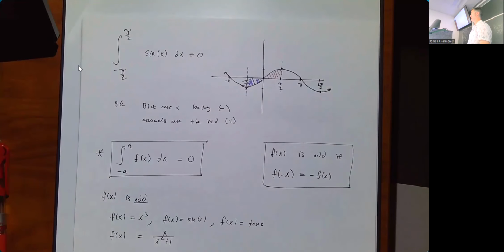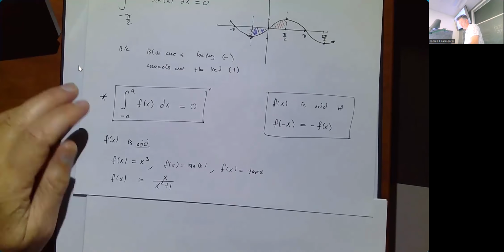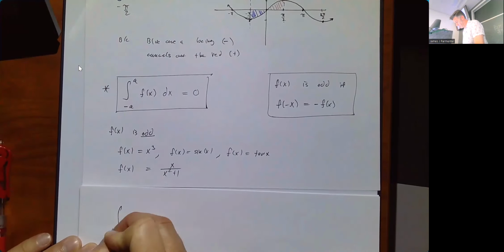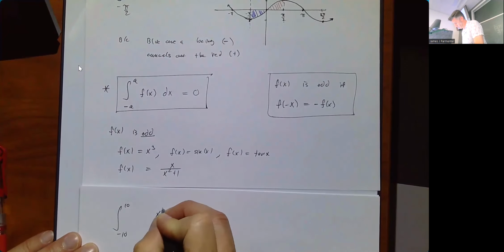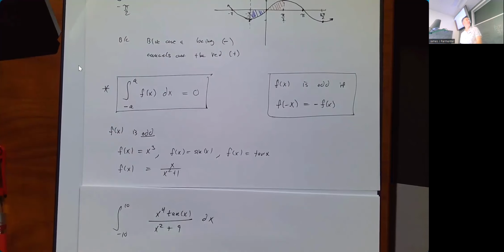So I will point out, because I think it's worth pointing out, that sometimes you might see a question on a test that looks heinous. Something like the integral from negative 10 to 10 of, I don't know, x to the 4th times tangent of x over x squared plus 9. And in all likelihood, especially since I just made that up off the top of my head, it's very plausible that you cannot actually find the integral of that.